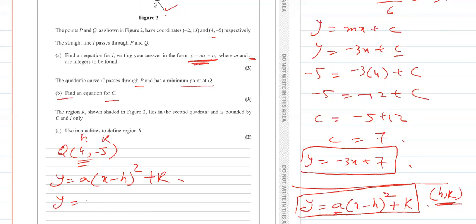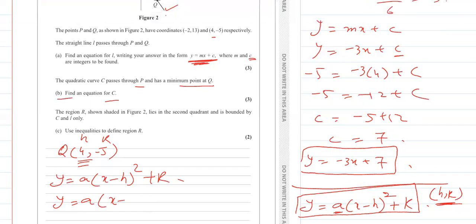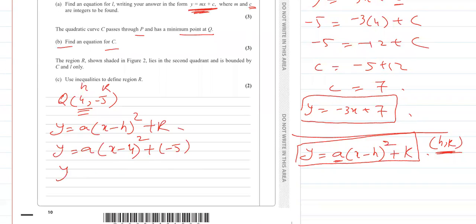Here h is 4 and k is -5. So I'm going to get y is equal to a into (x minus 4) squared minus 5.